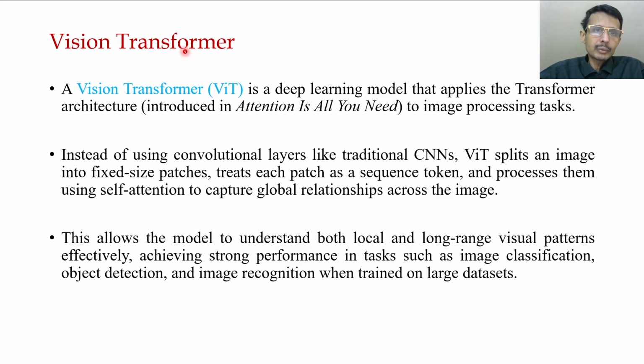Okay. Now we are going to introduce another very interesting transformer based model, which is called the vision transformer. As of now, whatever we have discussed, the encoder only model, decoder only model, or encoder decoder model, are all transformer based models which are basically used on text data. Now, is it possible that this transformer model can be used on image data?